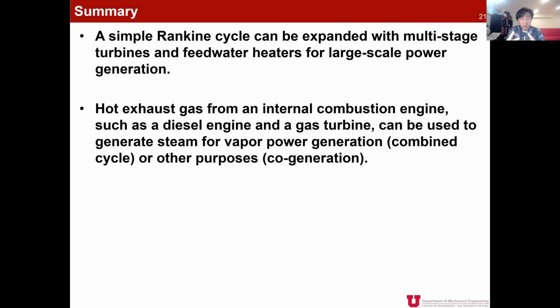Today we learned about how we can expand a simple Rankine cycle to a much bigger and much more complicated system to get more benefit in terms of power generation and even cogeneration. Okay, so our conclusion is that yes, a simple Rankine cycle can be expanded with multi-stage turbines and feed water heaters for large-scale power generation.